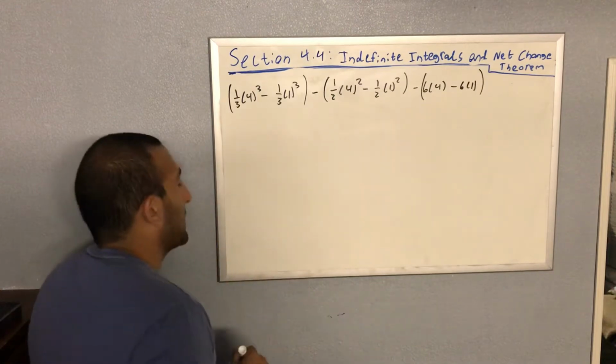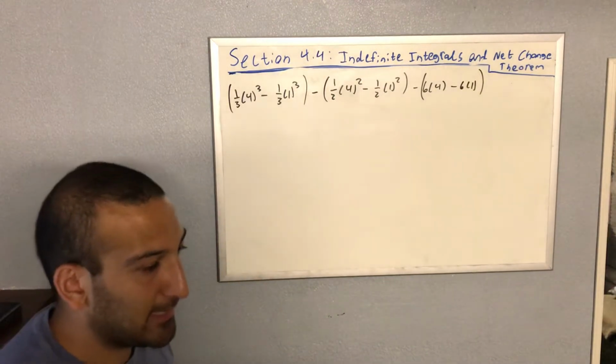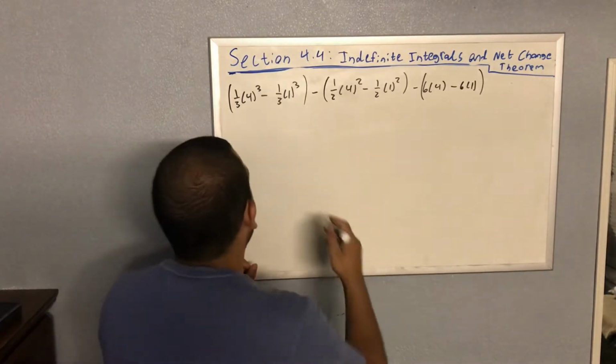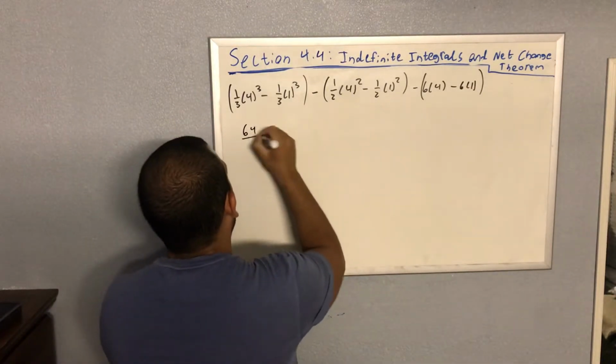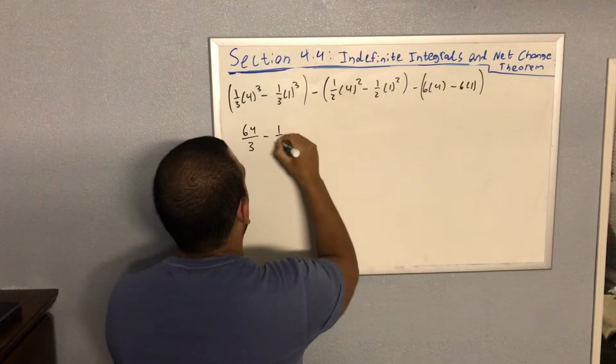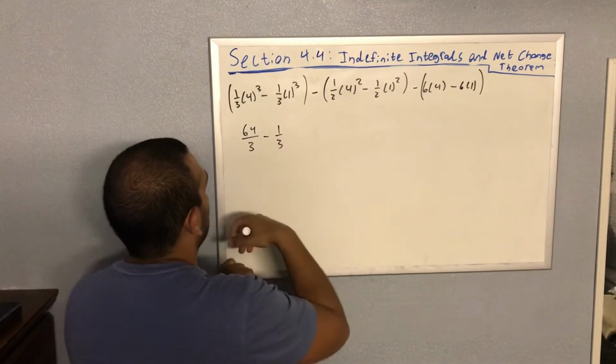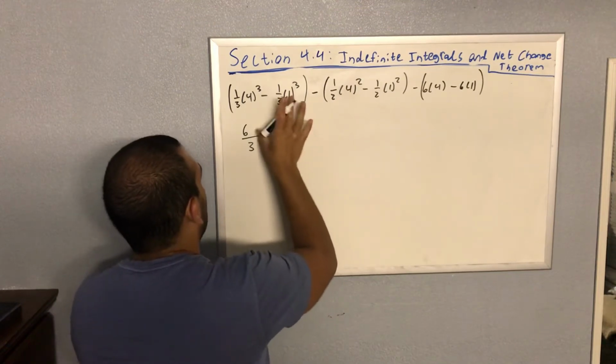Okay, so then 4 cubed, 4 times 4 is 16, times 4 is going to give you 64, so we have 64 over 3 minus 1 over 3 here. And then 64 over 3 minus 1 over 3 is just 63 over 3.